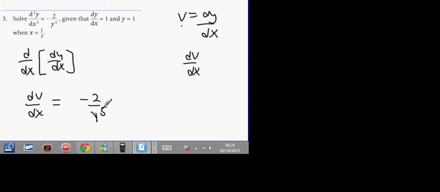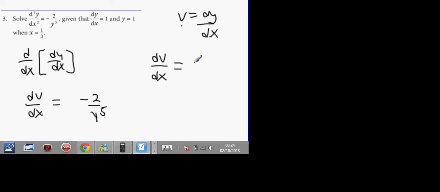The problem here is, in all the previous questions, we usually have the variable is y, but we don't have any dy's. That's the problem, okay? To fix this problem, we're going to use what's called the chain rule. And the chain rule is basically just using fractions to get what you're looking for.